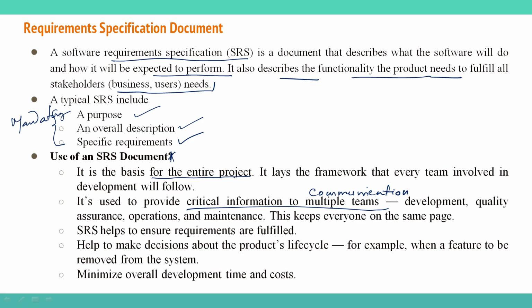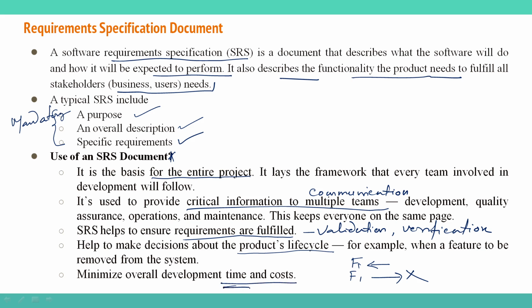To ensure requirements are fulfilled, that is, it is used for validation and verification. Then it helps to make decisions about the product's life cycle. It says, okay, what are the features, when this feature has to come, when this feature has to go out. It minimizes overall development time and cost, because if everything is written very clearly, then development will become easy.